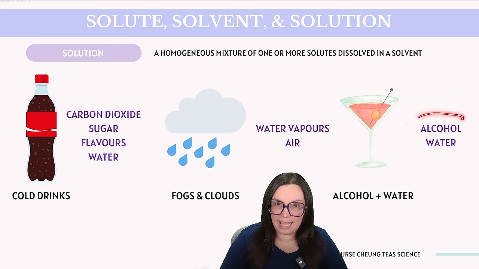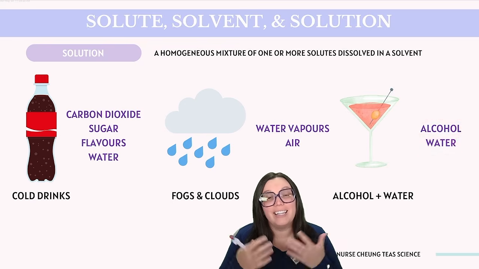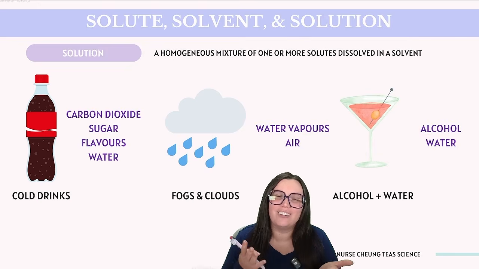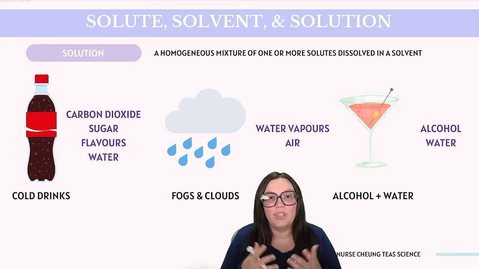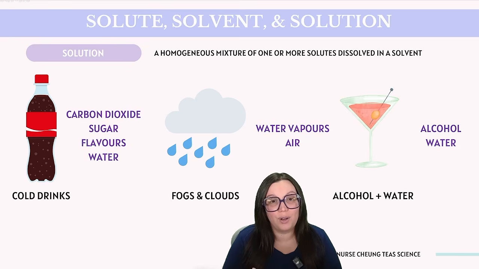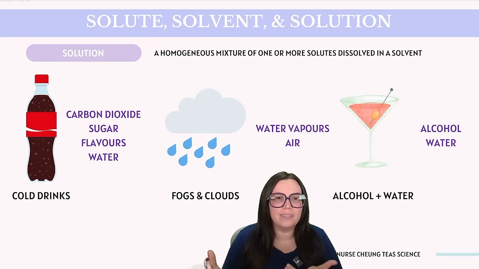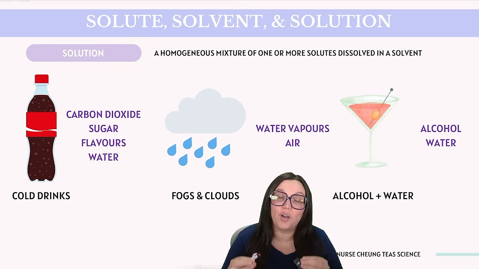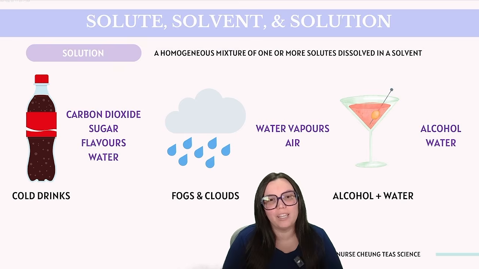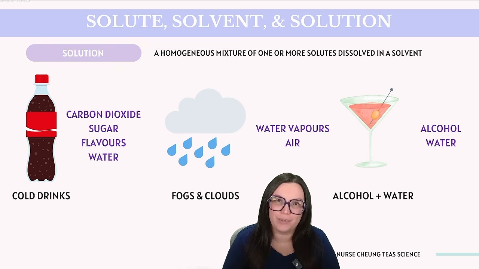And lastly, when alcohol is mixed into water, it dissolves completely, resulting in our last homogeneous mixture. The uniform distribution of alcohol molecules within the water makes it a classic example of a solution. All three of these examples represent solutions where the solute is completely dissolved in the solvent, creating a uniform mixture without any visible separation of components.